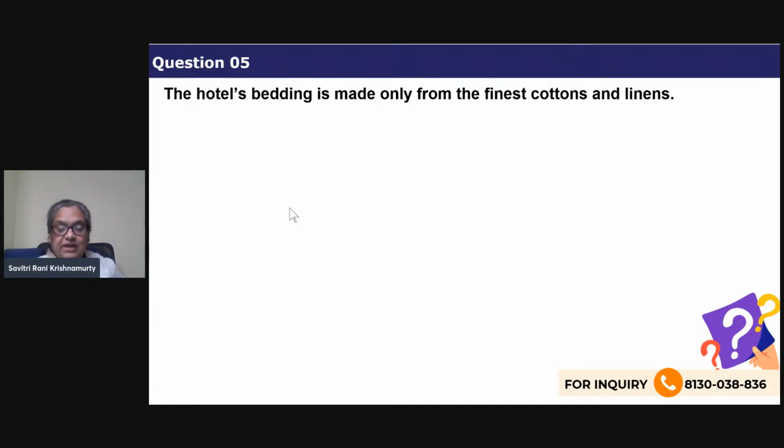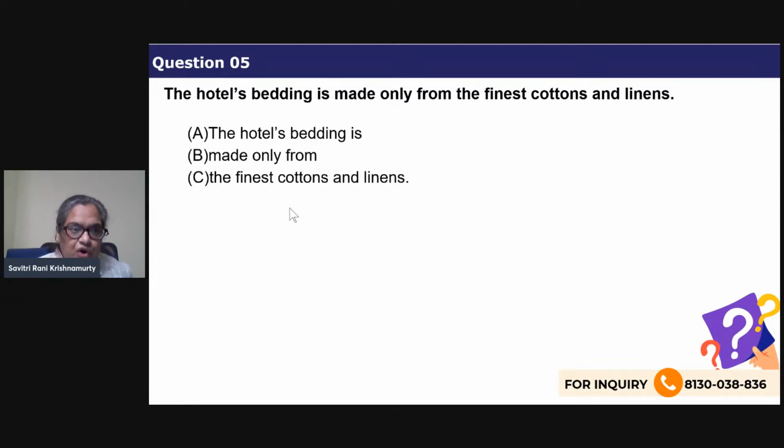Okay, all right. The hotel's bedding is made only from the finest cottons and linens, or no error. Which part of the sentence is wrong in question? That was question 4, is it? Yeah, question 5.